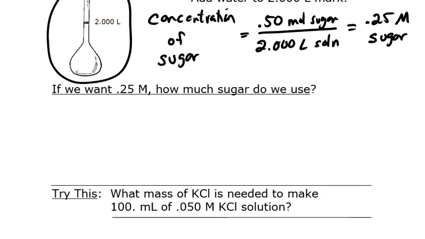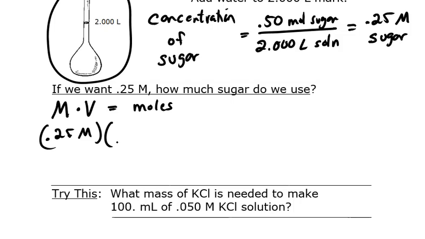So let's say we know that we want that concentration, 0.25 molar sugar. What we do is we realize that the molarity times the volume is going to equal moles. All right, so the molarity we want is 0.25 molar, and the volume that we want is 2 liters.